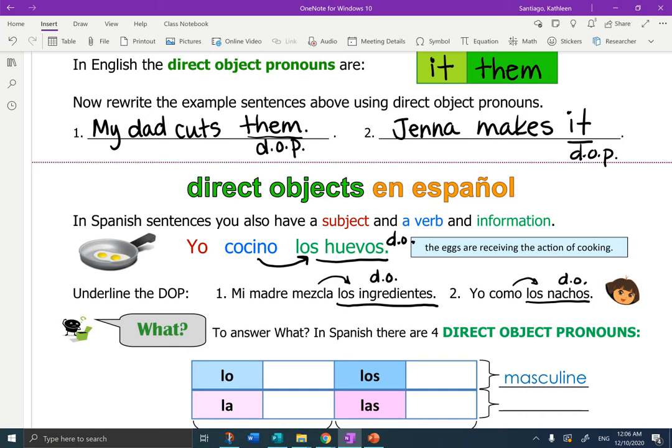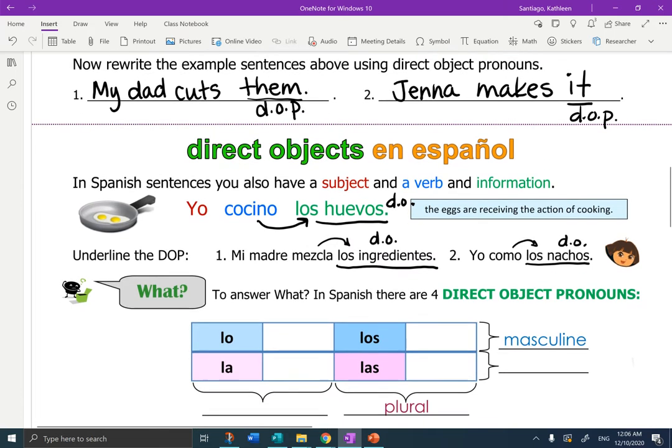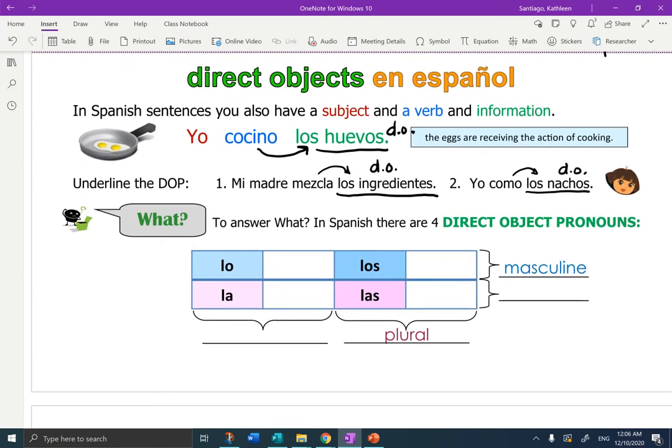So to answer the question, what in Spanish, there are 4 direct object pronouns, and they are lo, los, la, and las. So lo and la both mean it. It masculine and it feminine. Okay, so these are both singular.